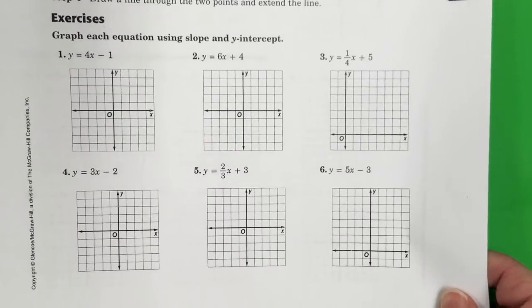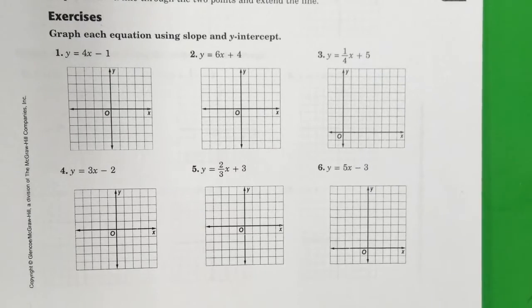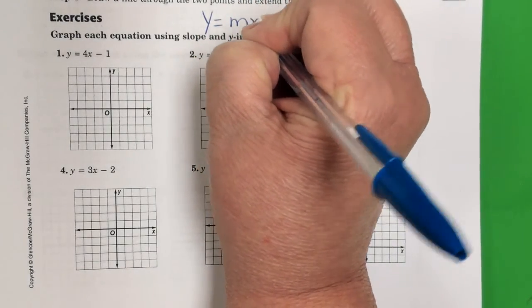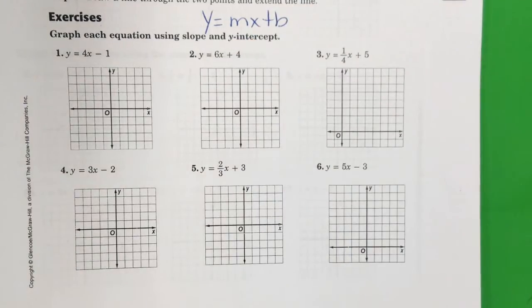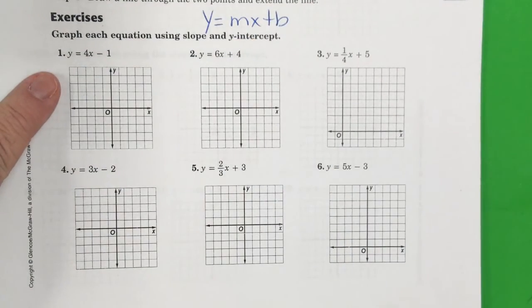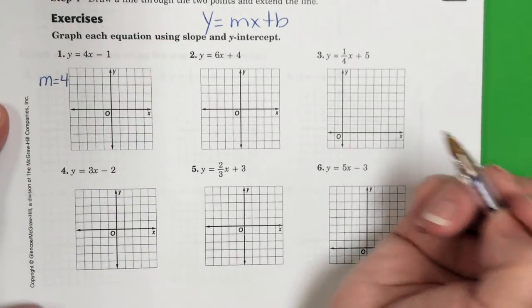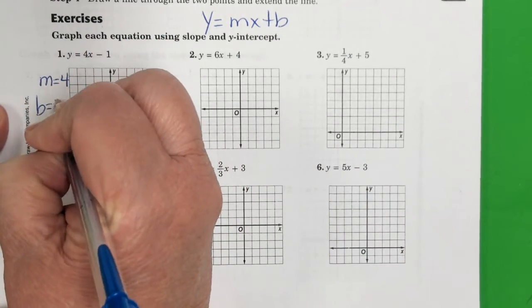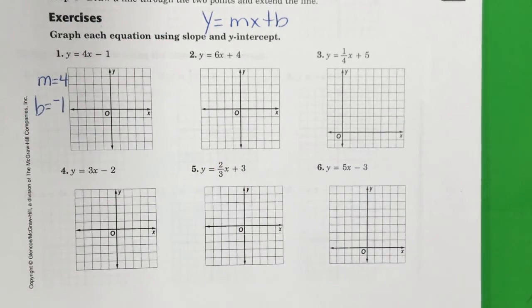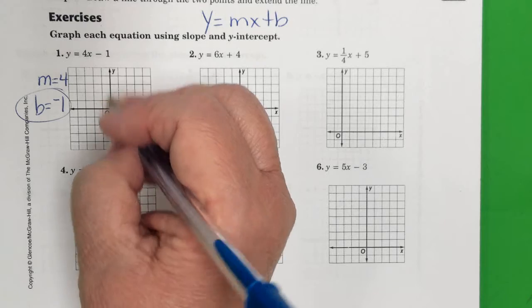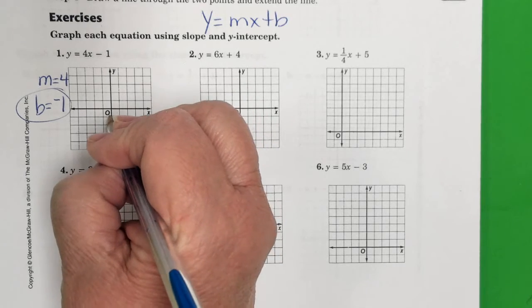Next, we're going to try graphing some equations. First thing they have to be is in slope-intercept form. Looking at problem number 1, our slope is 4 and our y-intercept is negative 1. When graphing, you're going to start with your y-intercept. The y-intercept is on the y-axis, negative 1.